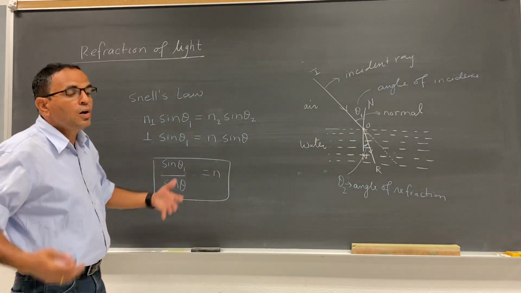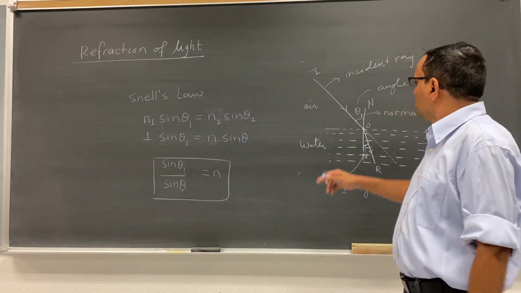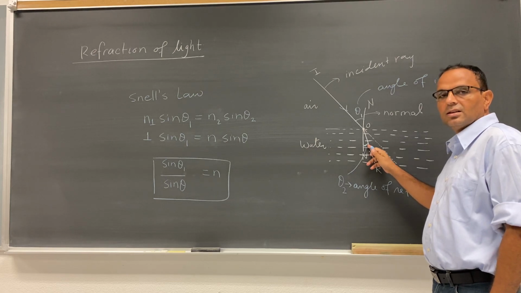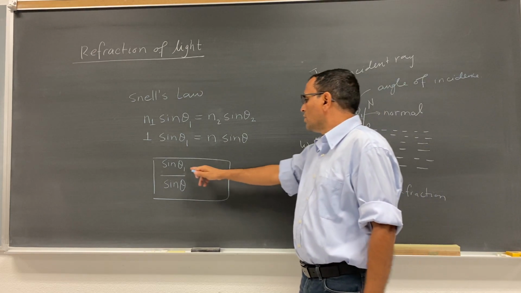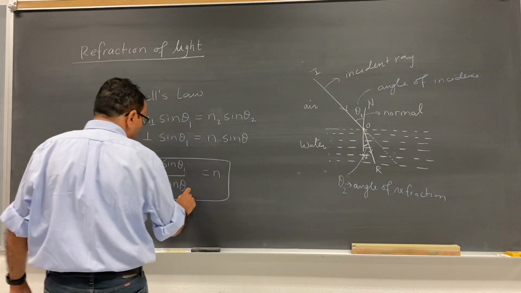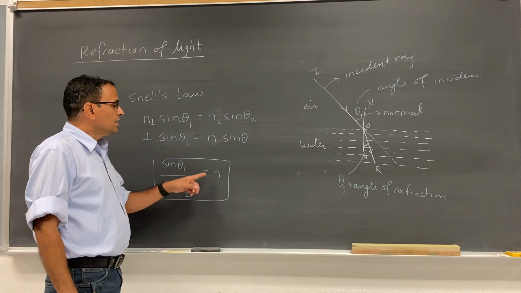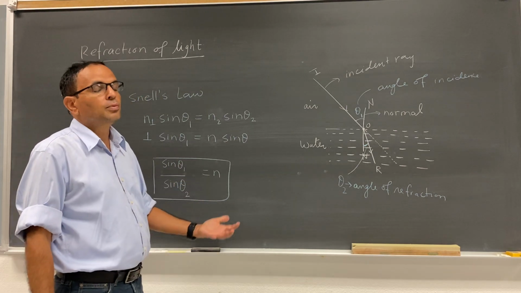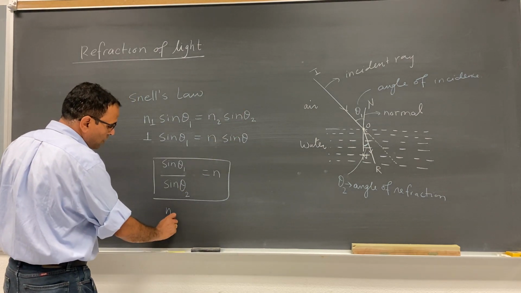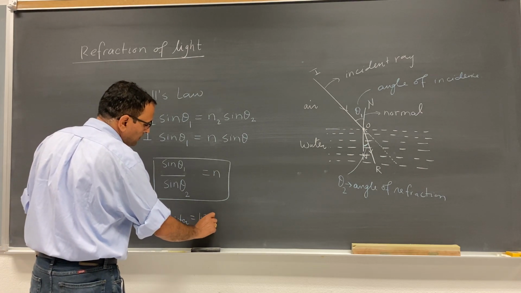To measure it, you measure the angle of incidence and the angle of refraction, and plug them into sine theta 1 divided by sine theta 2. Theta 1 is the angle of incidence, theta 2 is the angle of refraction. For water, we are supposed to get 1.33.